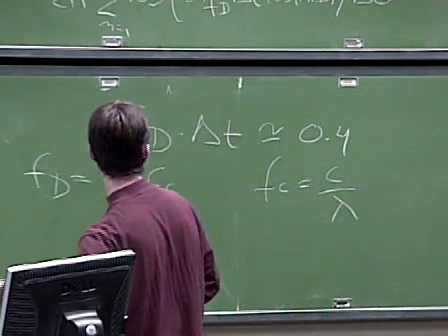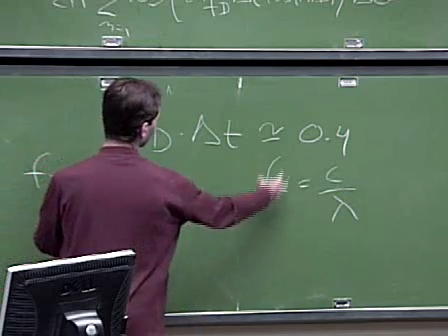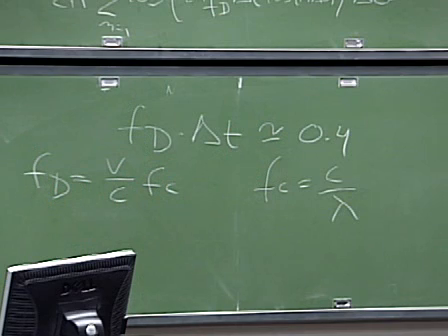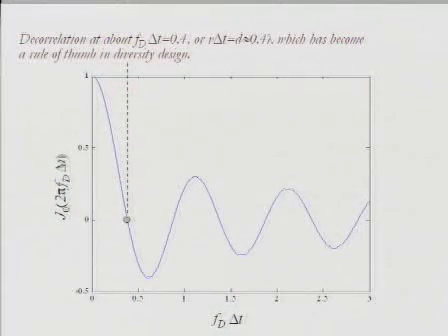So if we take these two formulas and plug them here, we get that for this product to be about 0.4, we have to travel a distance of about 0.4 times the wavelength.